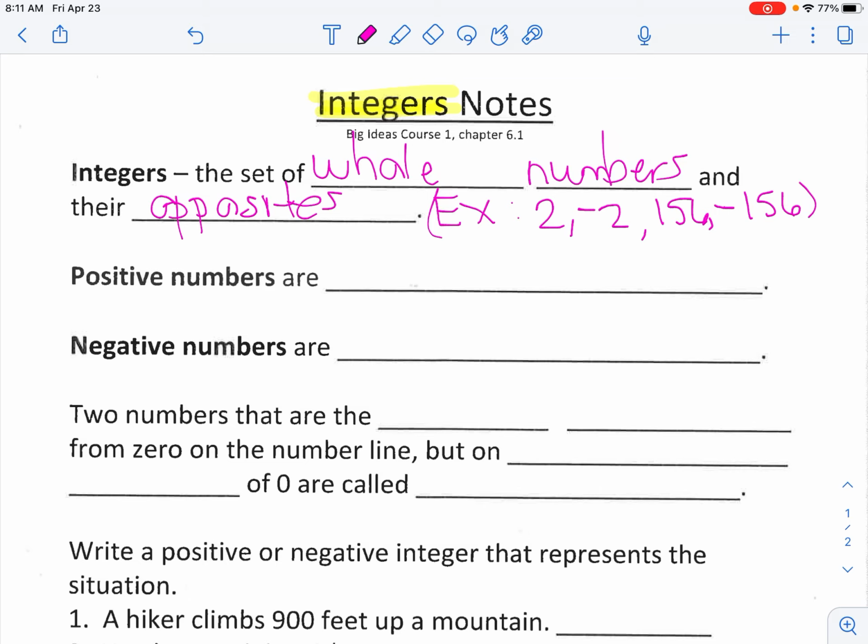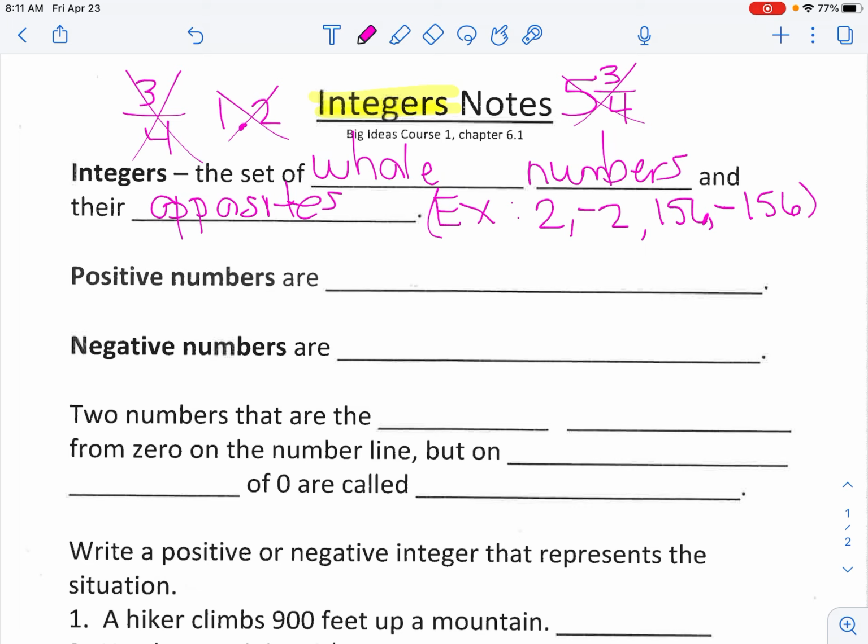So integers do not include 3/4. 3/4 is a fraction, it's not a whole number. Integers do not include decimals like 1 and 2/10. That is not a whole number. Integers do not include mixed numbers, only whole numbers and the opposites.